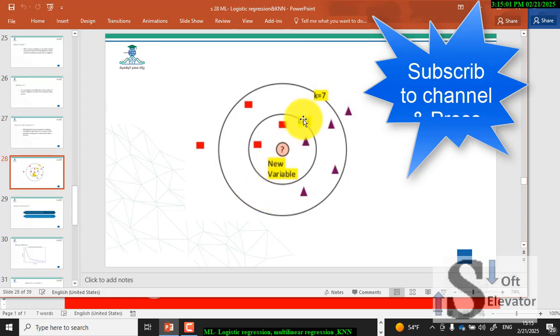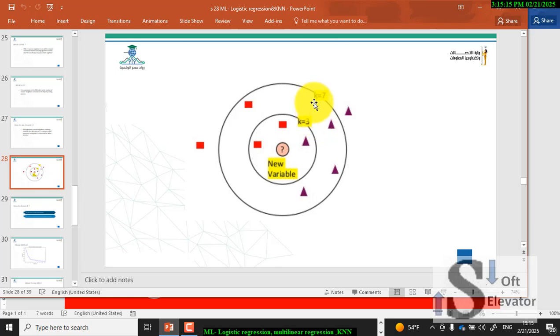If K is 5, you cannot get K is 5 here. K is 5 is not allowed. It will give K of 4, not allowed. K of 7 is in the limit. You are in the boundary, you take all the samples.